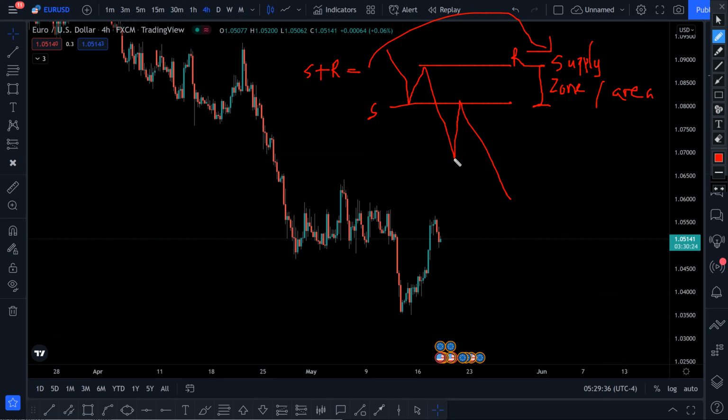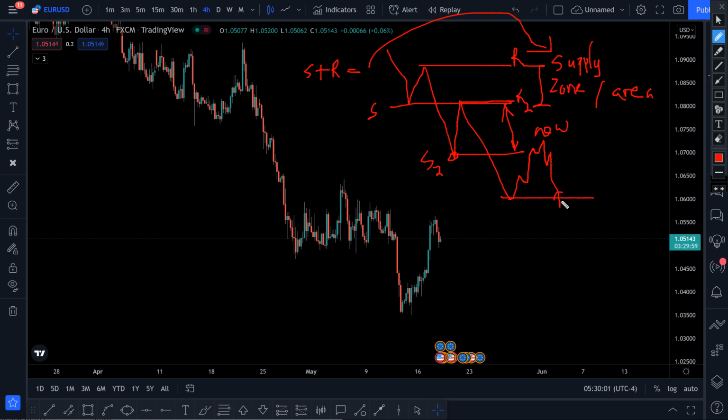Now, once price breaks this low, this becomes our S2, which is the new support. This becomes our R2, which is the new resistance. This particular zone, or range or area, becomes our new what? Supply zone.